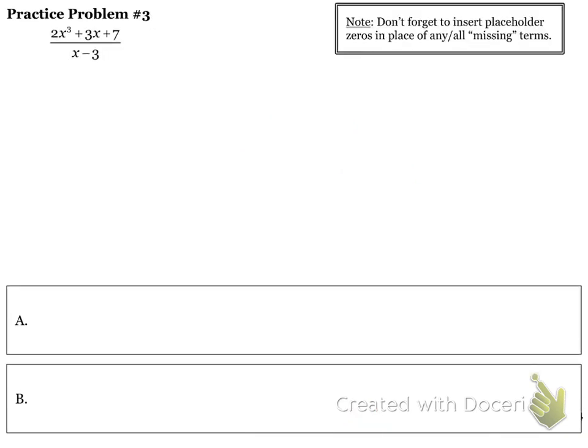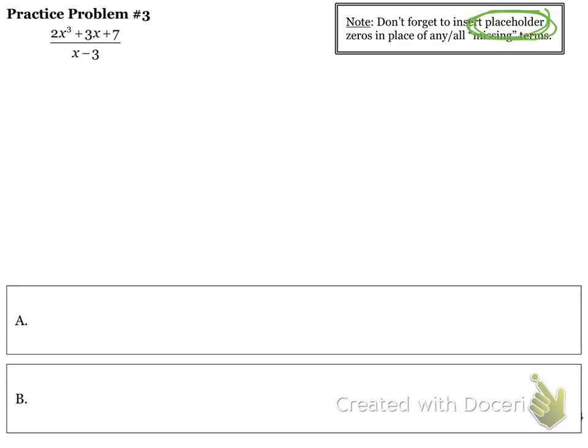Okay, so this next problem is a problem where we're going to have to use placeholders. Placeholder means that if we start with a cubic function, we need to have a cubic term, a quadratic term, a linear term, and then our constant term. So if we don't have each of those terms, we need to put in a placeholder of 0.